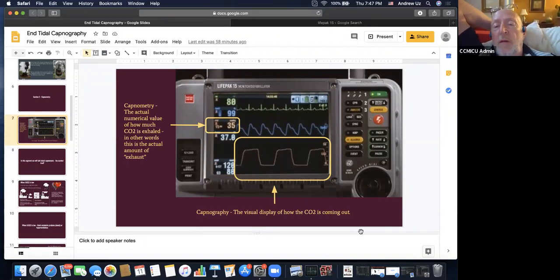You're watching the monitor and the rate you're bagging at, trying to keep that CO2 in the target zone by altering the rate and the depth. Usually it's very, very gentle. It's quite a delicate skill.